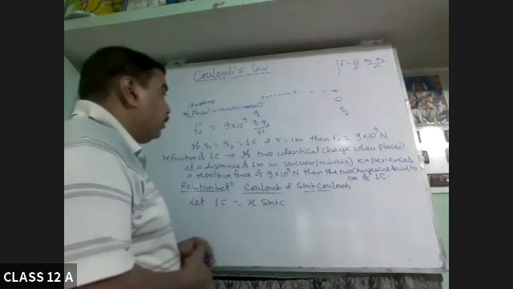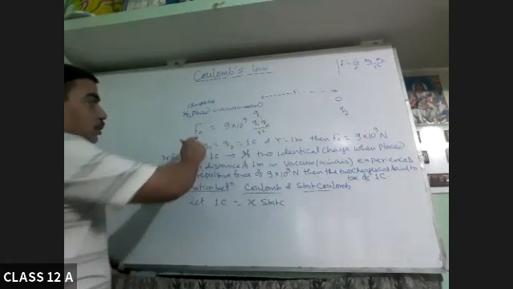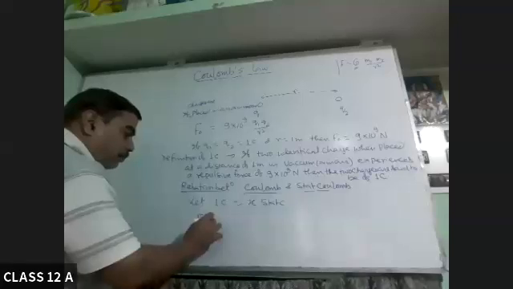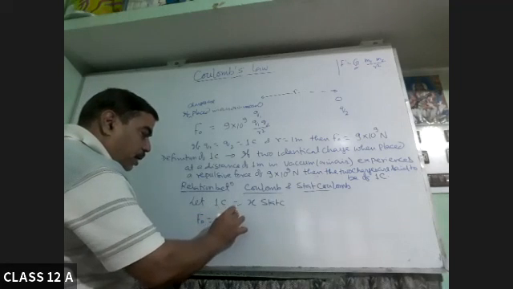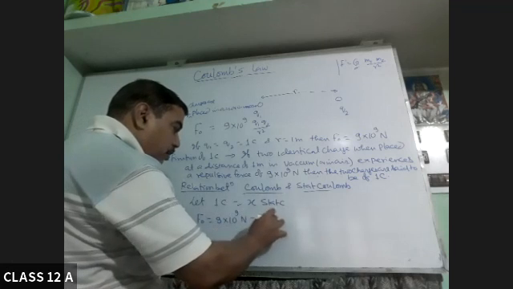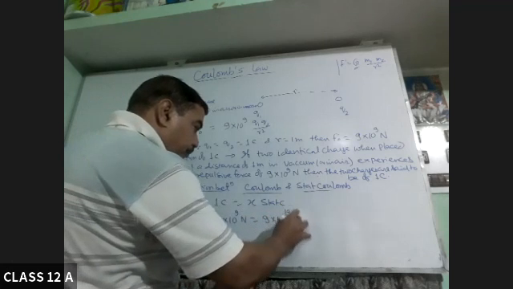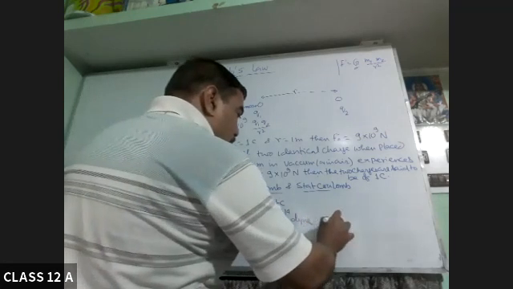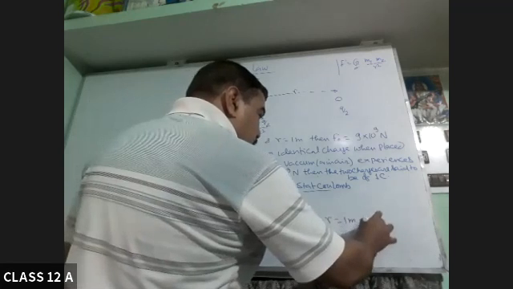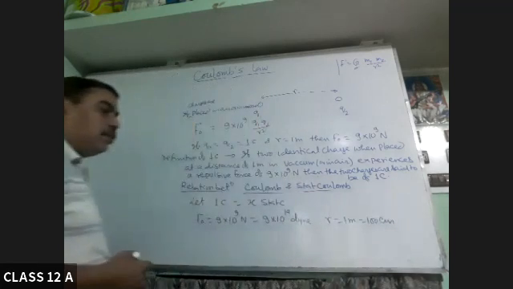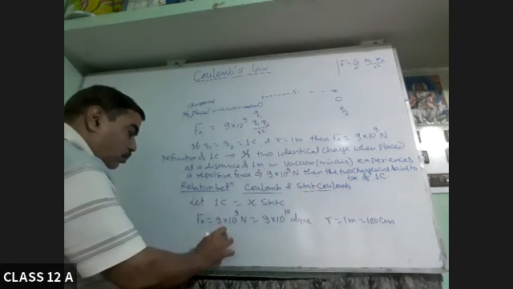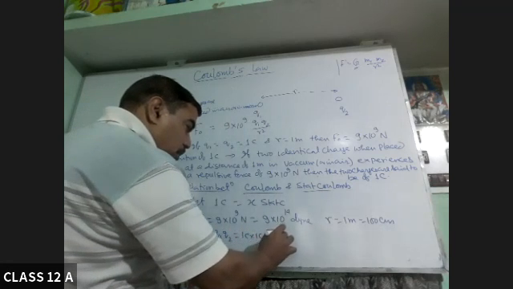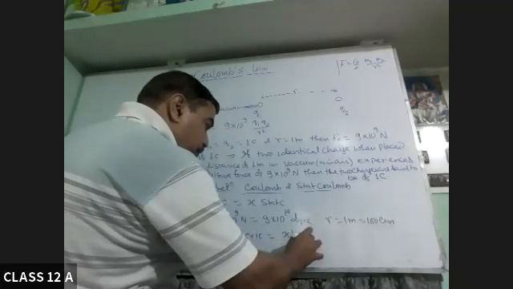So then, suppose we are using the same thing here. This F naught, which is equal to 9 into 10 to the power 9 Newton, will become 9 into 10 to the power 14 dyne. When R we are taking as 1 meter, that means 100 centimeter. And Q1 Q2, which is 1 coulomb into 1 coulomb, will be x square stat coulomb.